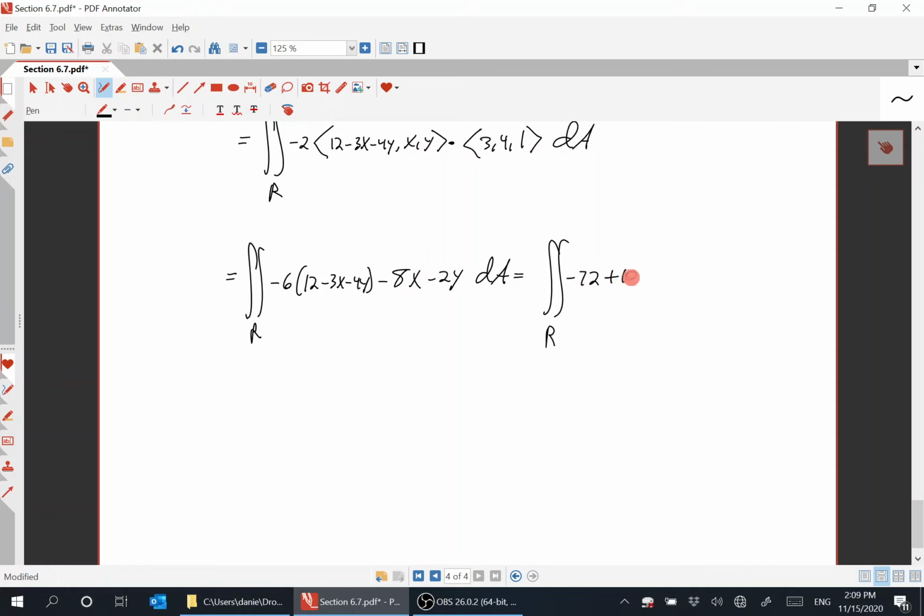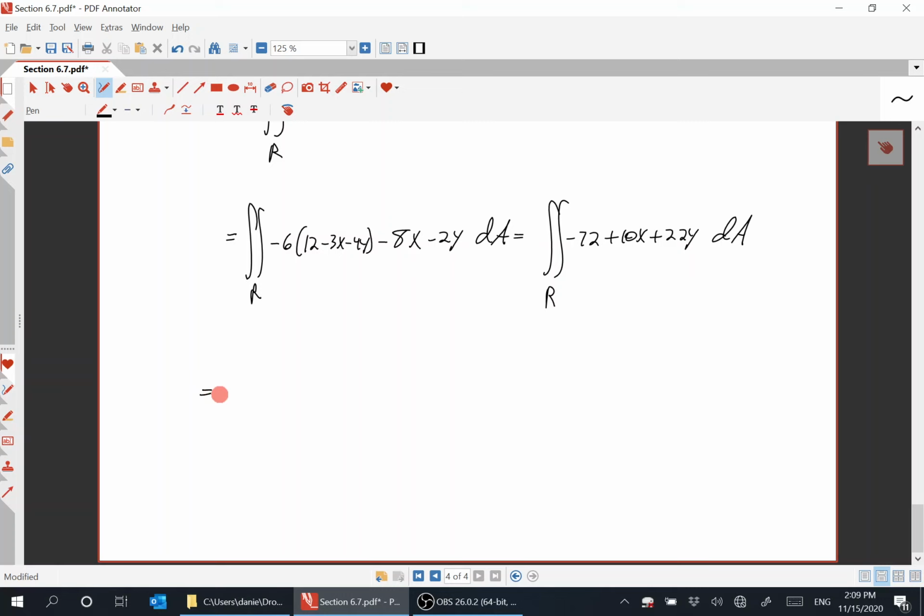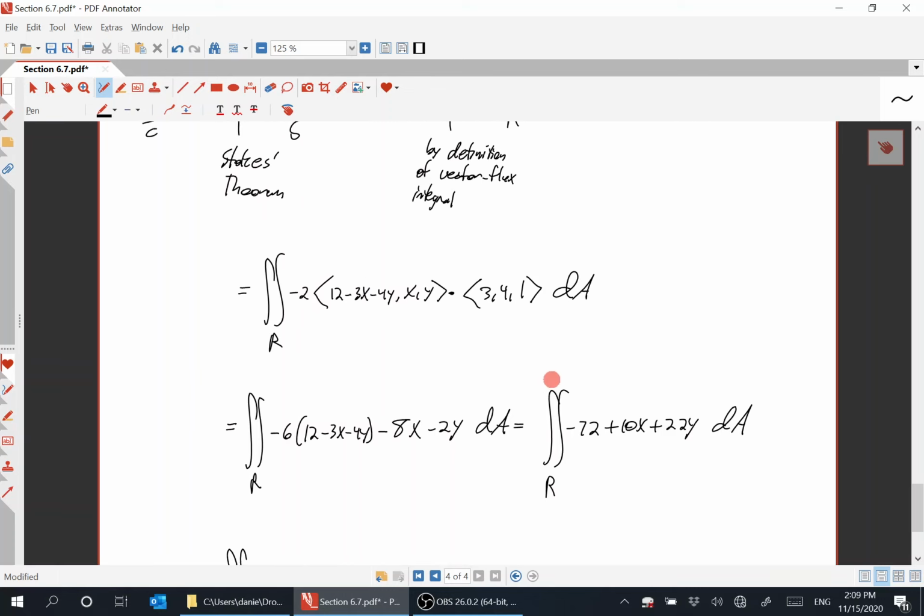Right, so that's 10x. Plus 18x, minus 8x, and then plus 24y, minus 2y. There we go, dA.